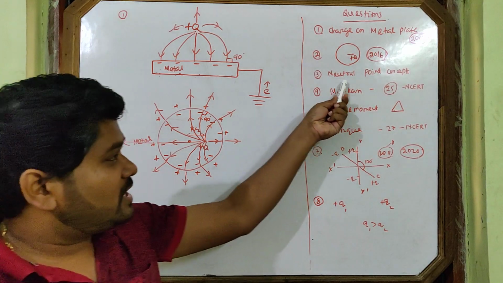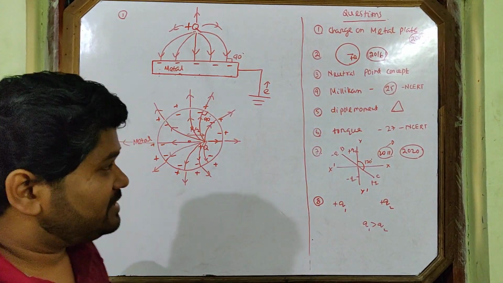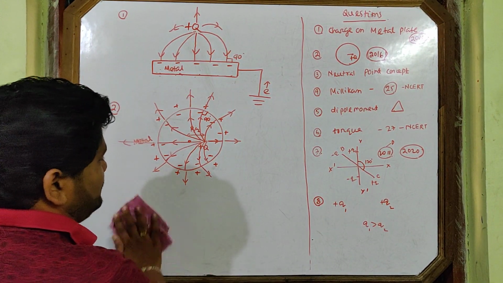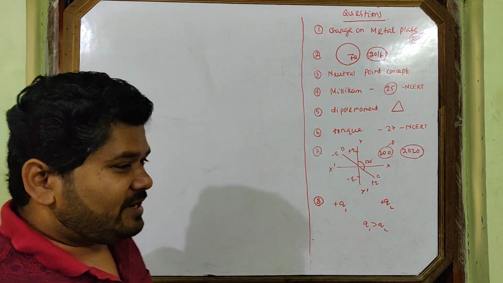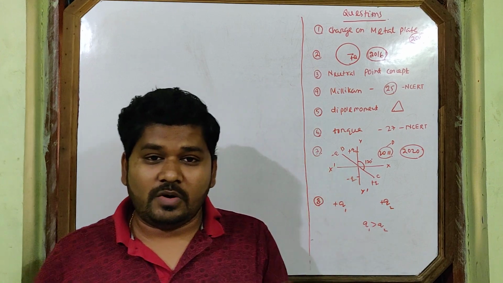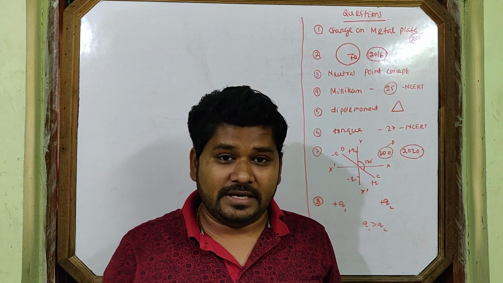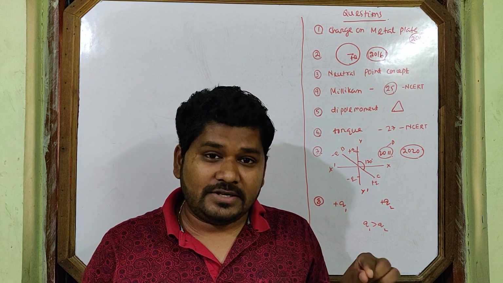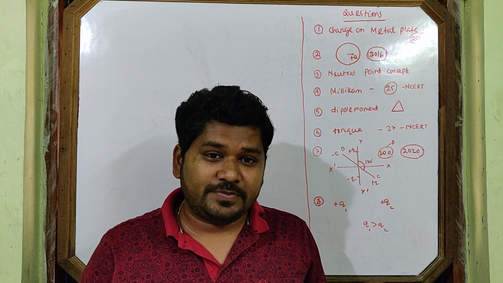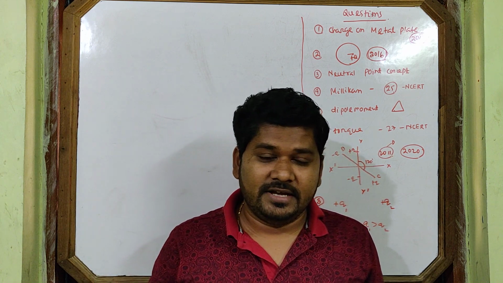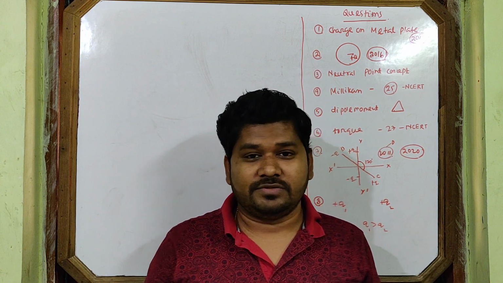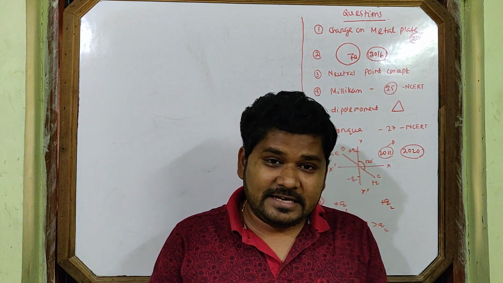Now we come to the neutral point concept. It is a very important concept. Let us discuss neutral points. What is a neutral point? I am telling the definition of it. A neutral point is a point in an electric field at which, if we place any other charge, it experiences no force. The point is inside the electric field.